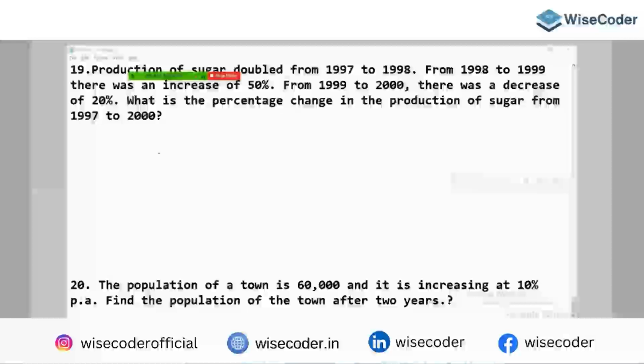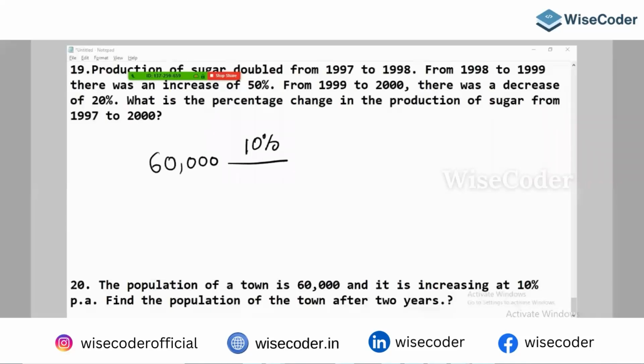At present, the population is 60,000, and it increases 10% every year. What is 10% of 60,000? 6,000. So after 1 year, it's going to be 66,000.